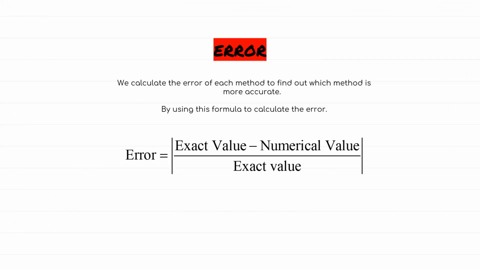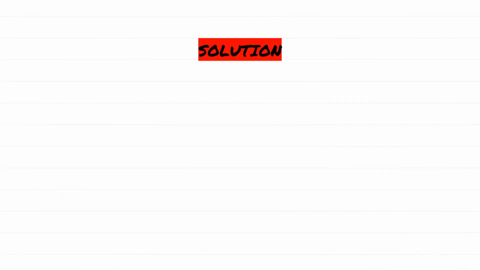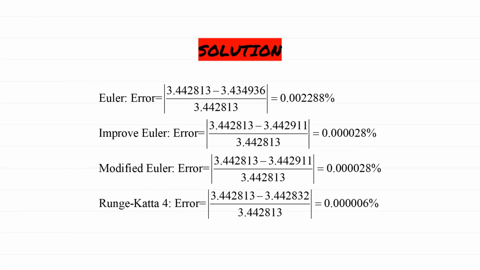After we get the exact solution, we find the error of all the numerical methods. This is the formula to find the error of each method, where error is the modulus of exact value minus numerical value, over exact value. This is the calculation.